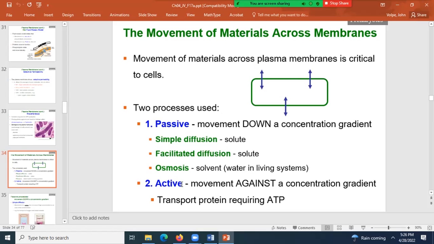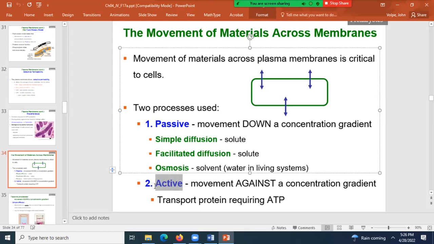This is an active process, and it requires a transport protein to move the glucose into the cell against its concentration gradient. And it's going to need to spend energy to move the glucose or any molecule from areas of low concentration to areas of high concentration. Any question about any of that?